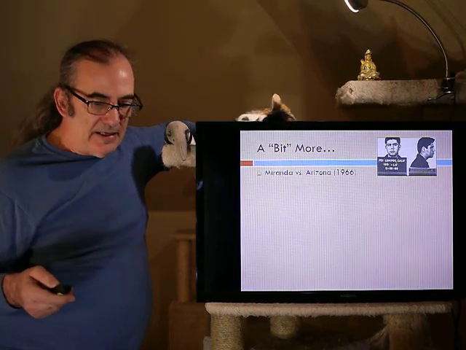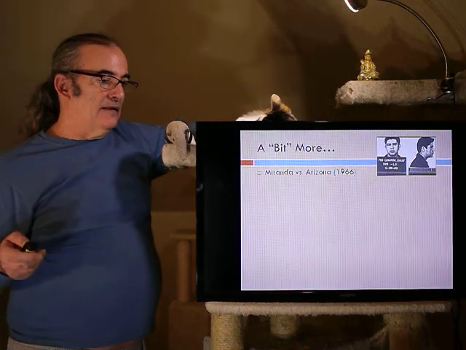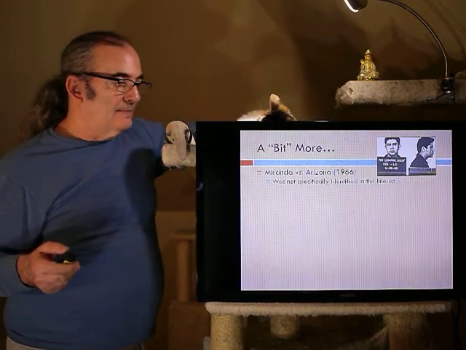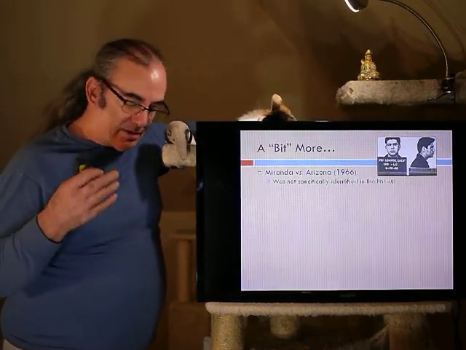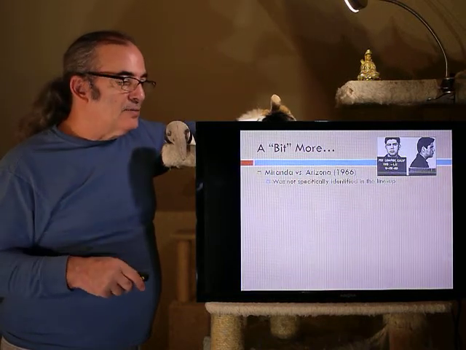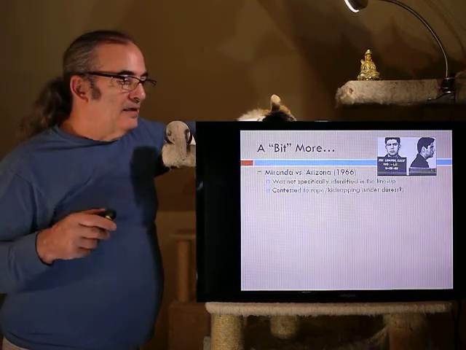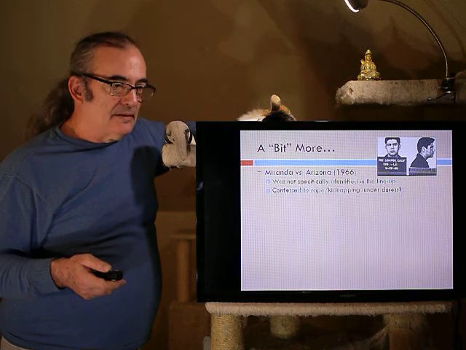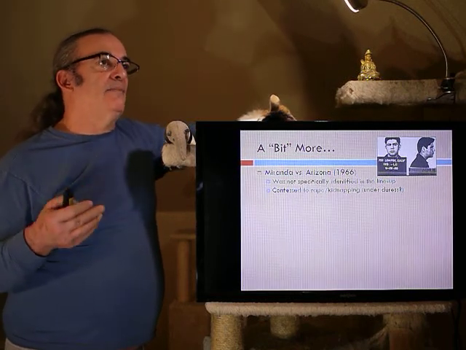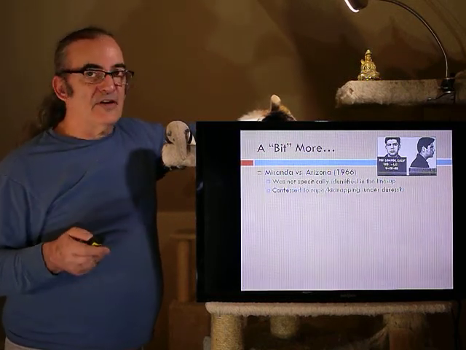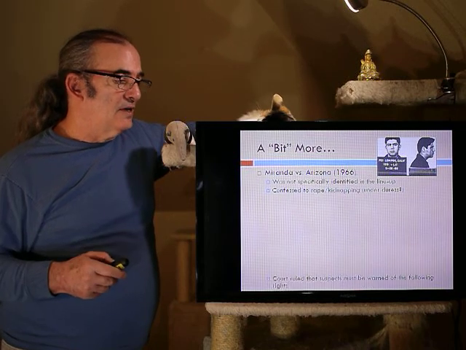And he was ID'd in a lineup, etc. And no, I'm sorry. Let me get that backwards. He wasn't specifically identified in a lineup. He confessed to the rape and kidnapping, but the problem is, was this confession coerced? Was it under duress, right?